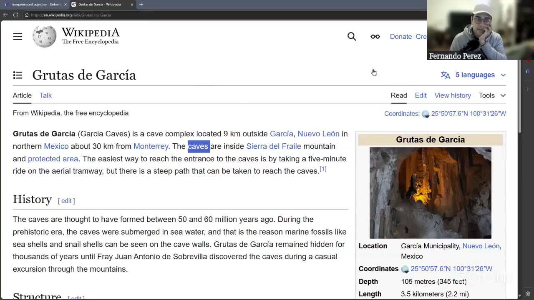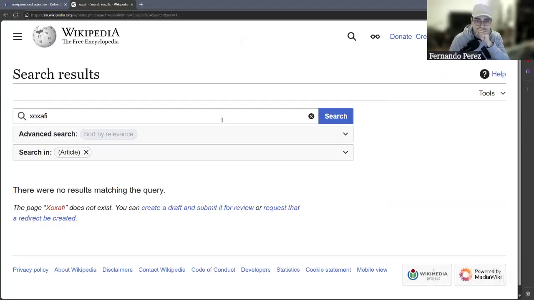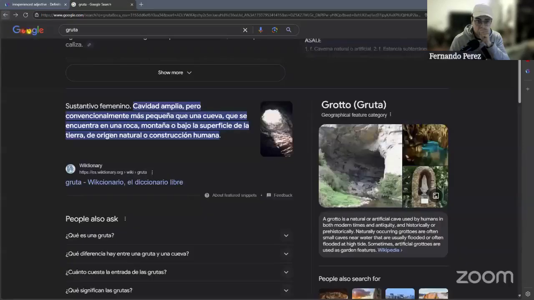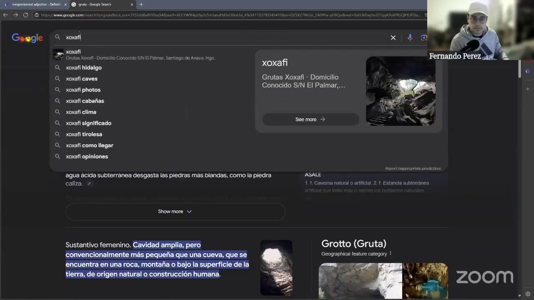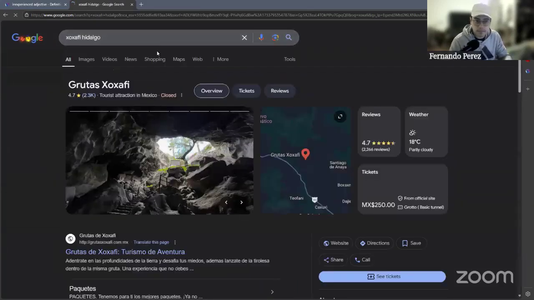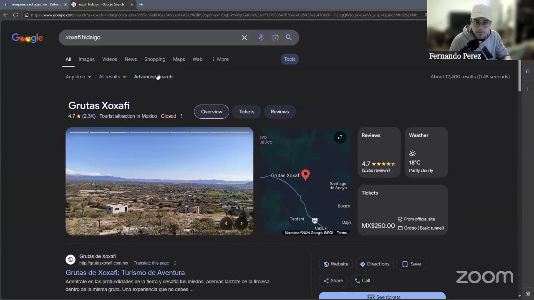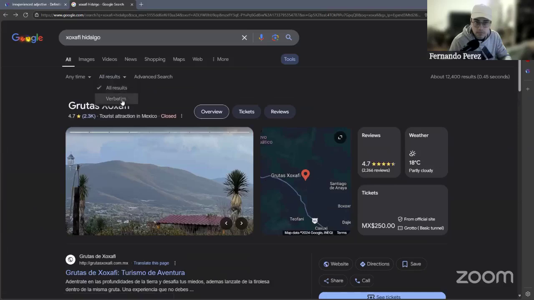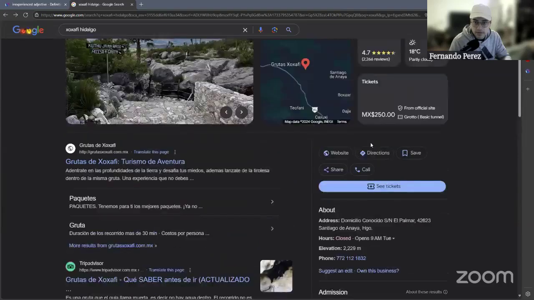And if you say, let's use the word caves. English.